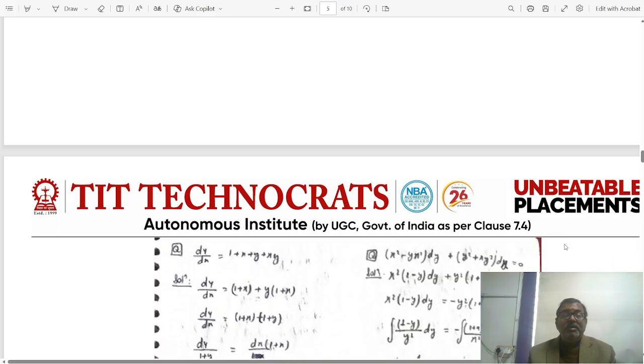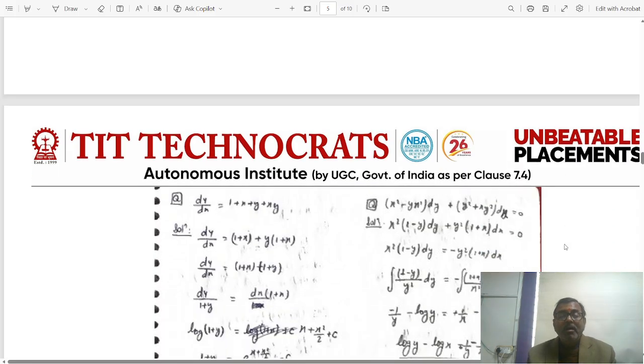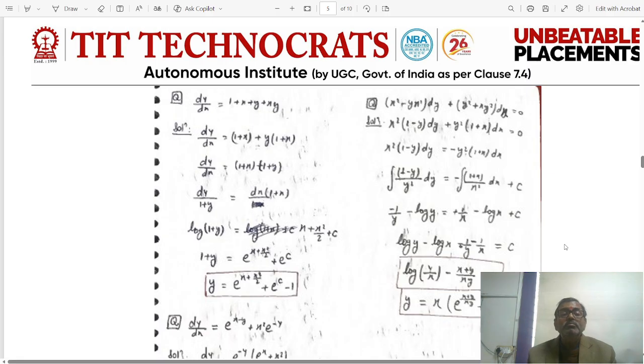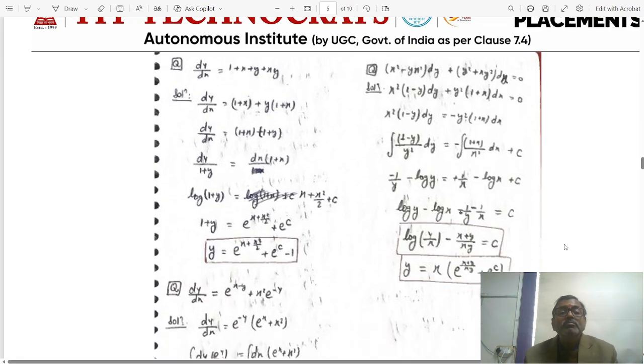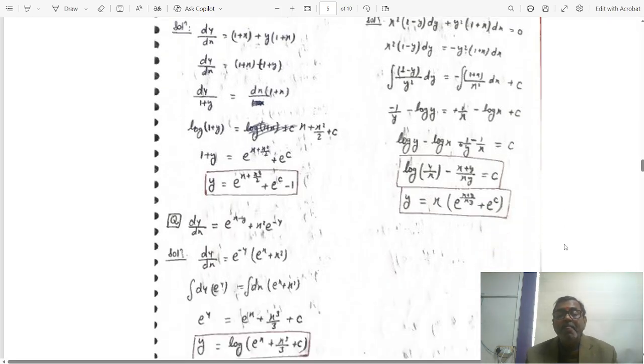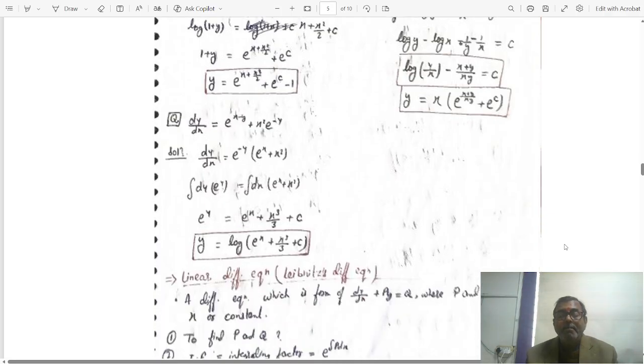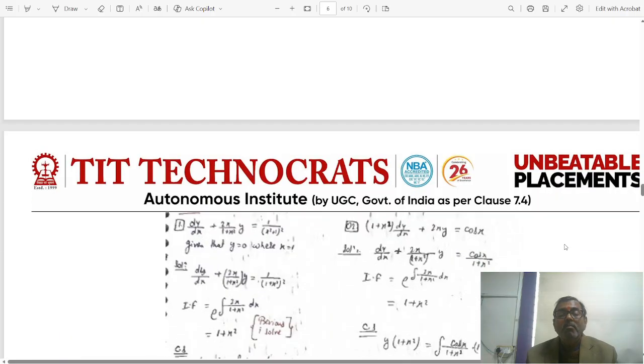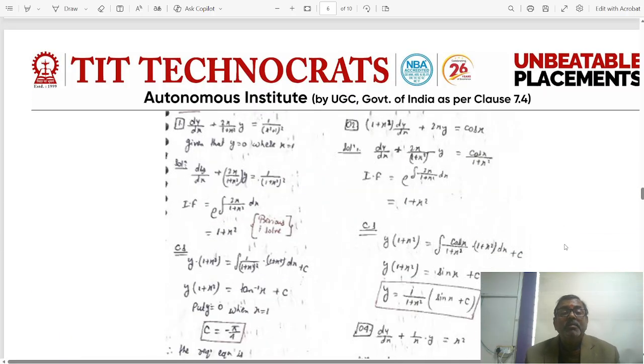Now for examples, here we are given dy/dx + 2x/(1 + x²) y = 1/(1 + x²)², given that y = 0 where x = 1.